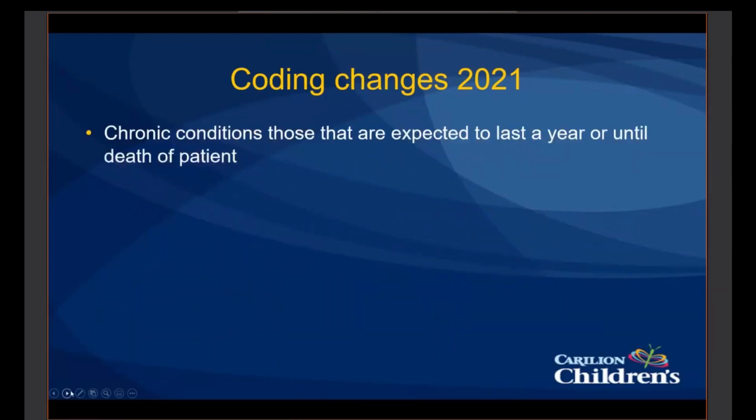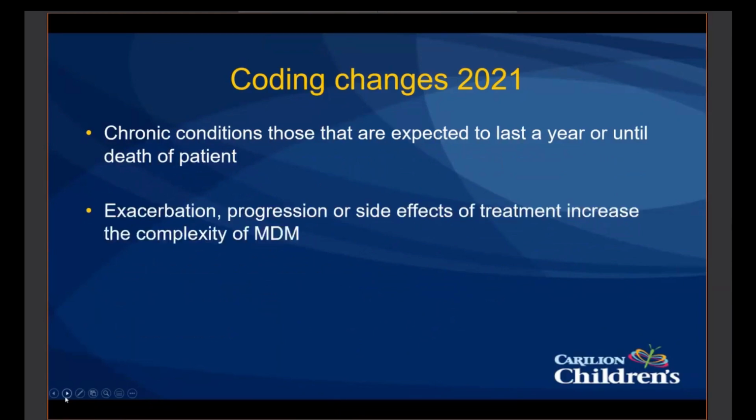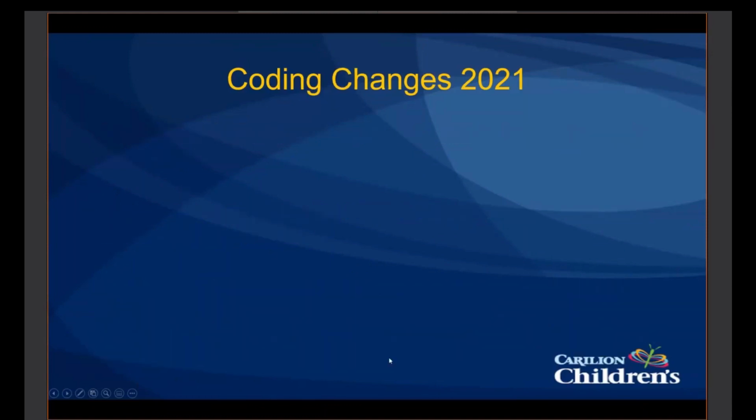An undiagnosed new problem with uncertain prognosis, or in the differential diagnosis that represents a disease or condition that has a high risk of morbidity. So this would be a level 4, such as malignancy or an autoimmune disorder. This is the undiagnosed. So if you're suspecting malignancy, that would be a level 4.